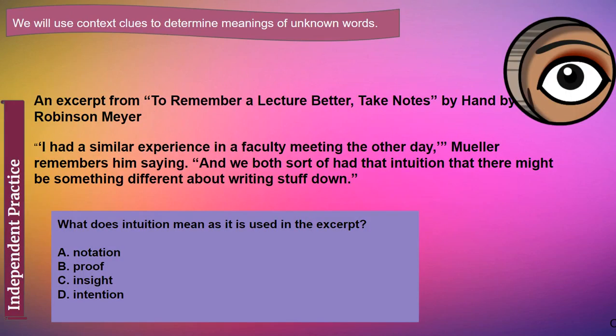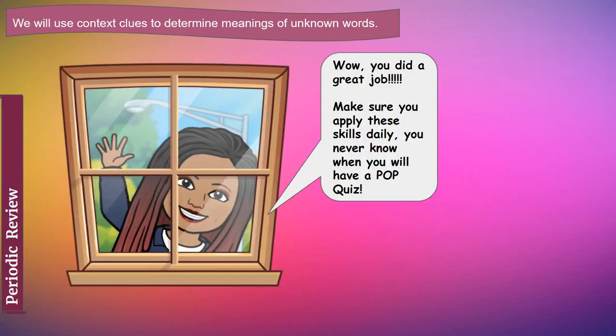Another example as well. Alright guys, so what's going to happen is in Canvas, I'm going to post a handout for you to do that ties in with this particular lesson, okay? Make sure you complete the handout and save it.